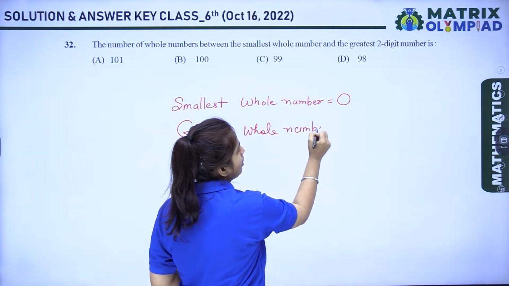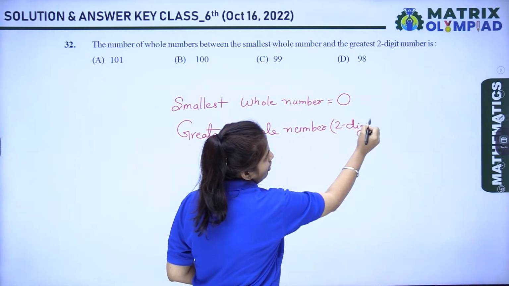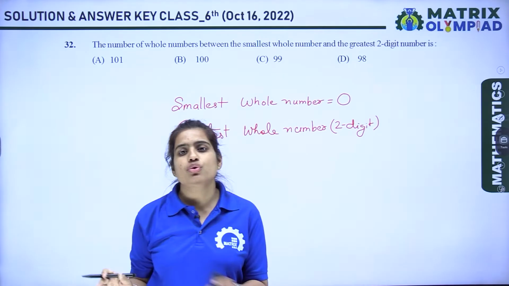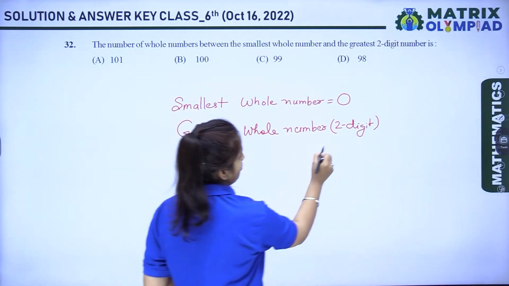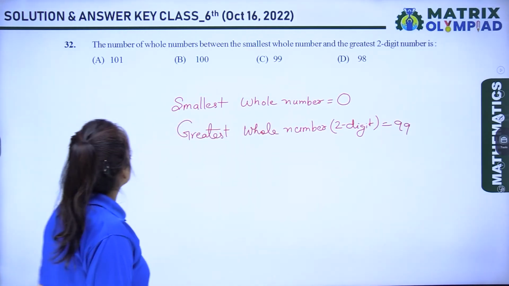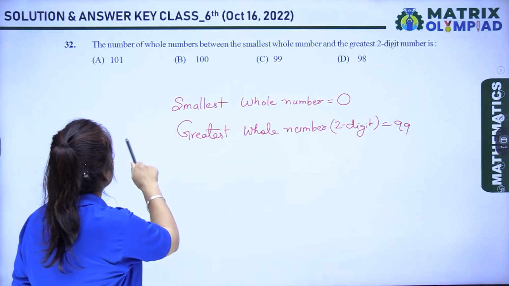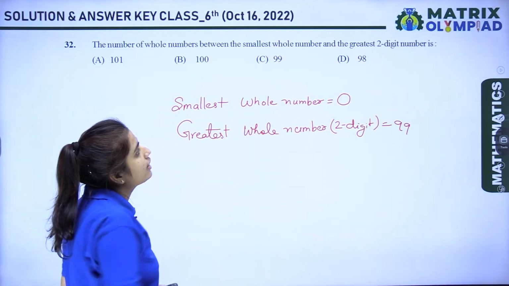The greatest whole number which is a two-digit number, in the question we have to take the greatest two-digit number, that is equal to 99.